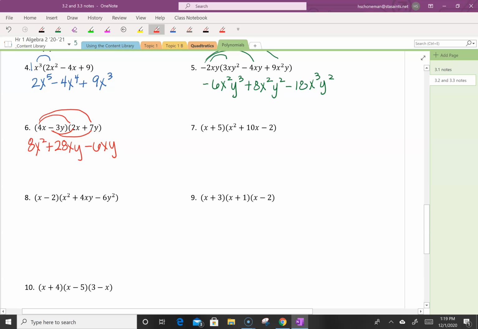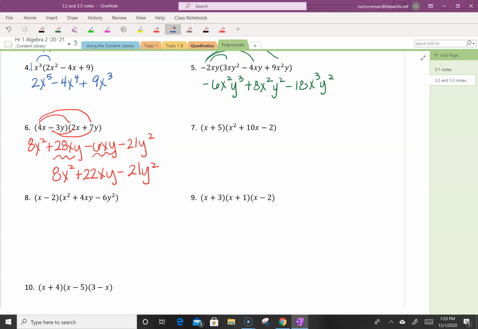Negative 3y times negative 7 would be negative 21y squared. Well, in the middle, we have like terms, so we need to combine them. So I get 8x squared, 28 negative 6 would be 22xy minus 21y squared.